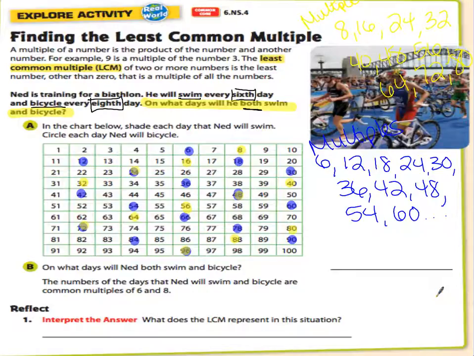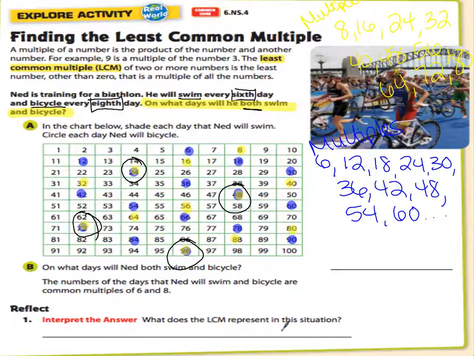Now, anywhere that we've landed on both numbers, or we've landed on the same number, these are all what we call common multiples. So like 24 would be a common multiple. 72, 48. Where's the other one? 96. These are all common multiples of 6 and 8.